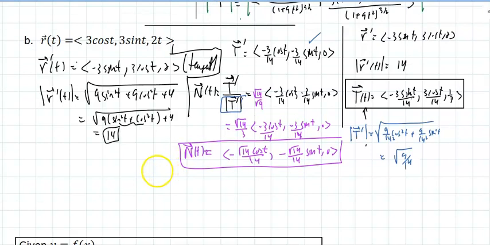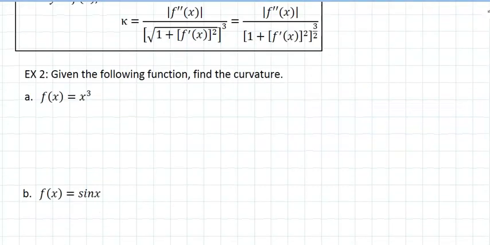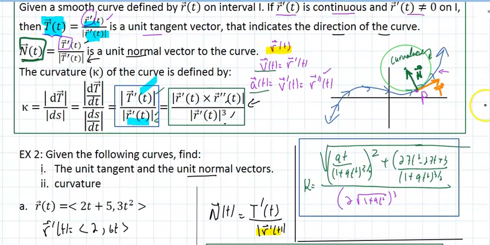Now, if I want to go and find the curvature, again, I could use either of these. I already have almost everything that I want, right?